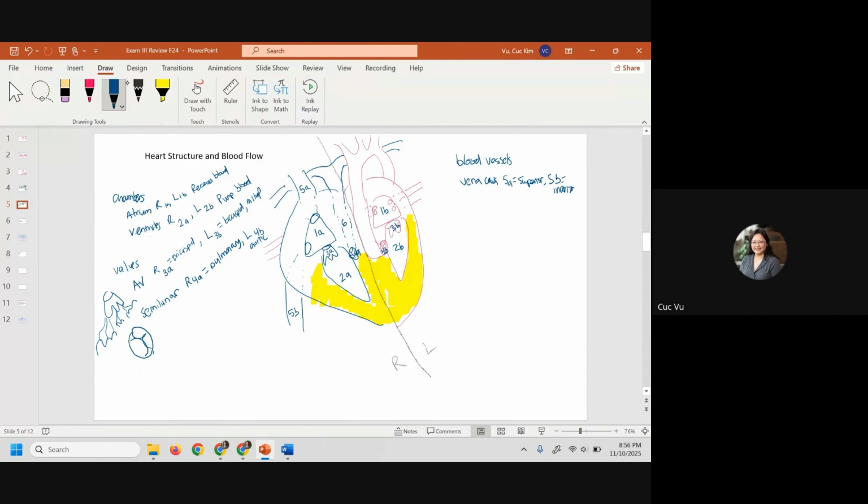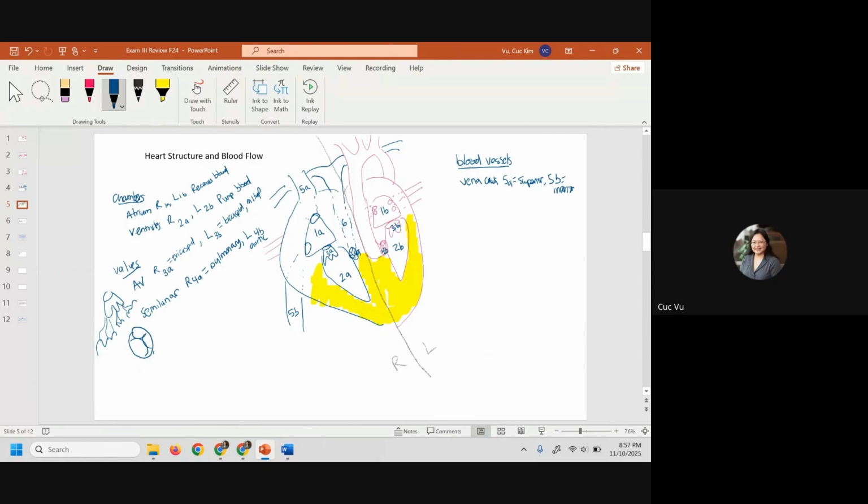What's 6? It's going to where? Not the aorta. Nope. The pulmonary is going to the lungs.